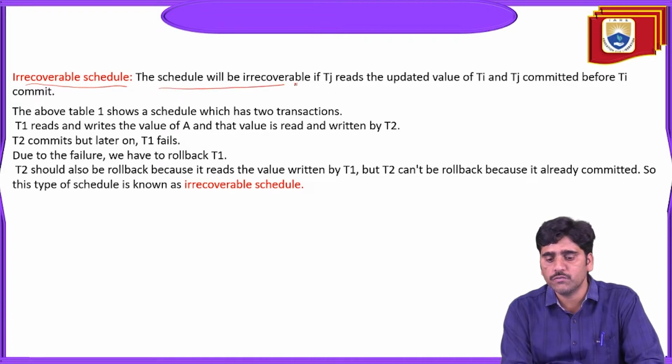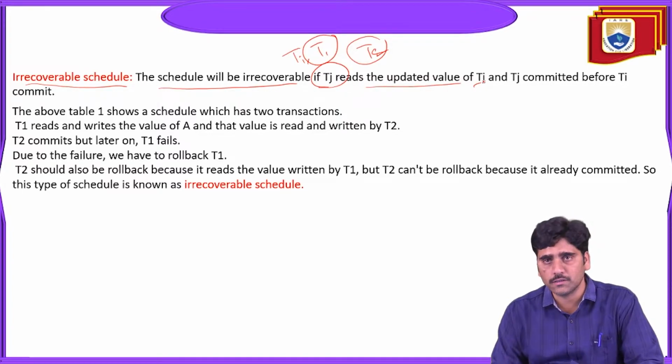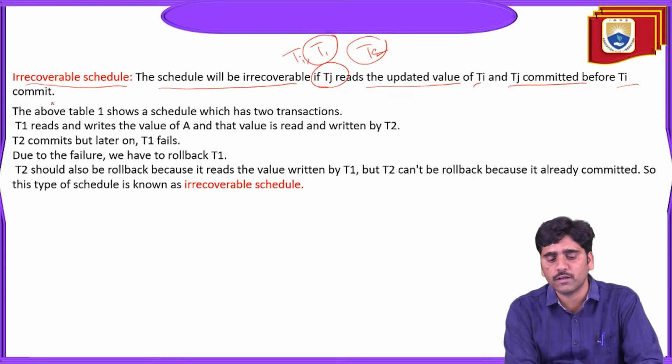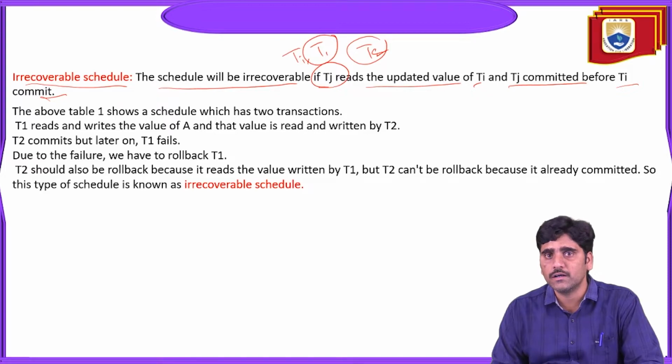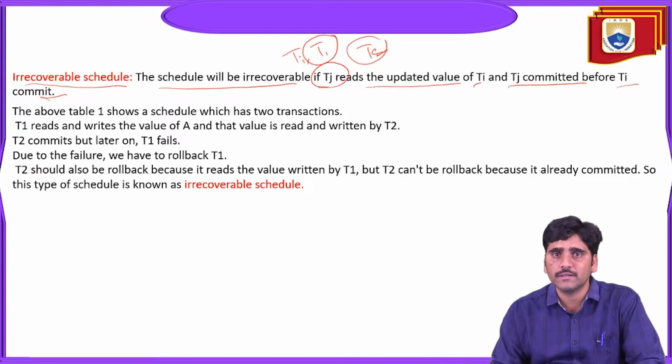So the schedule will be irrecoverable if, taking Tj as transaction 2 and Ti as transaction 1, transaction 2 reads the updated value of transaction 1 and transaction 2 commits before transaction 1 commits. Transaction 1 has to commit first, and only after that should transaction 2 commit. Otherwise, the failure occurs after transaction 2 has committed.